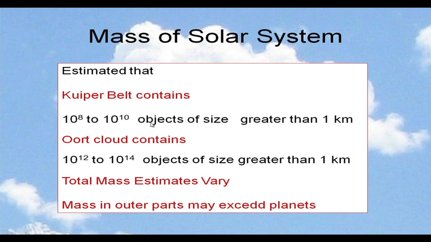It is now estimated that the Kuiper belt contains between 10 to the power 8 and 10 to the power 10 objects greater than 1 kilometer in size, and the Oort cloud contains 10 to the power 12 to 10 to the power 14 objects of size greater than 1 kilometer. Now, the total mass contribution from these objects, the estimates vary, but if you take the upper end of these estimates, then the mass in these objects exceeds the known mass in the planets.